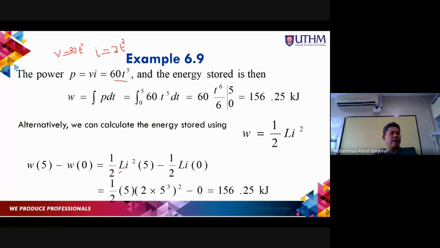The L is 5 Henry. I squared is 2 times 5 to the power of 3 T squared, 2 times 3 T equals 3. So this is the value here. And then you change the T value to 5 and 0. And then when you calculate, you will get 156.25 kilojoule, similar to using the technique P is equal to IV.